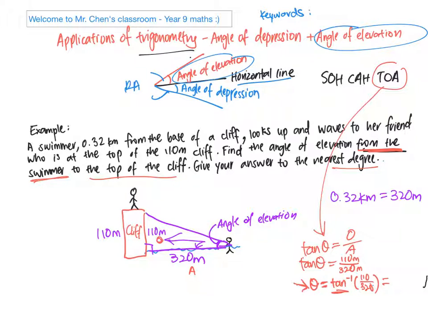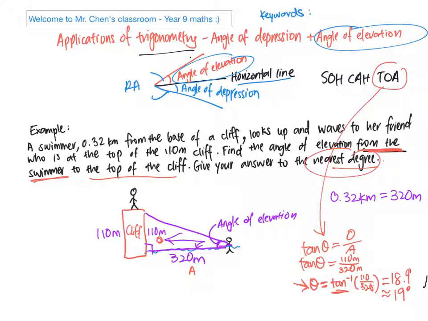I shouldn't be calling that; I should be calling it inverse tangent, but that is just for your convenience. And then I put bracket 110 divided by 320 and close bracket, and I will get an answer of 18.9. However, it asked me for the nearest degree, which will be 19 degrees.